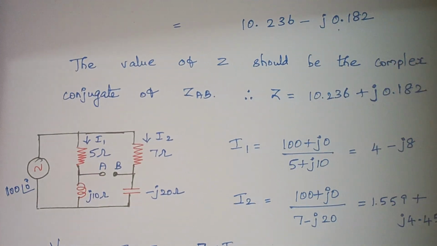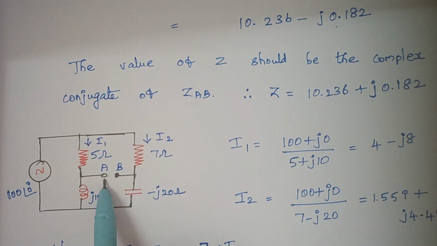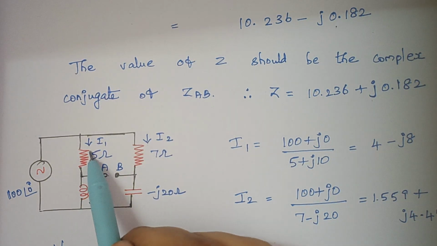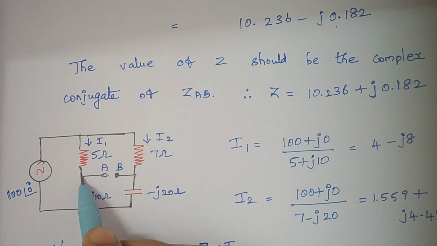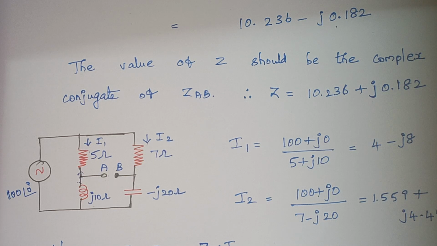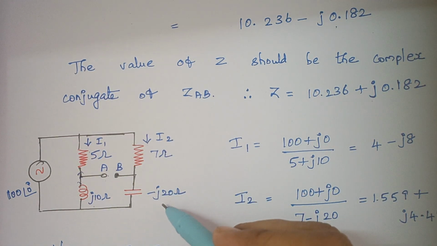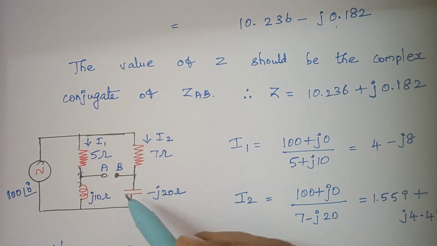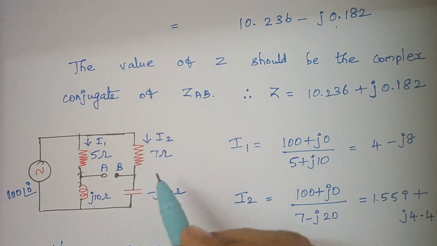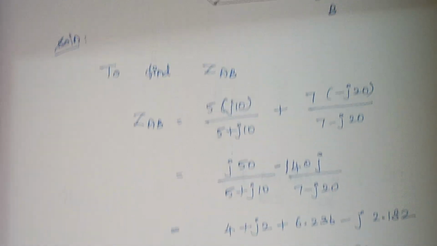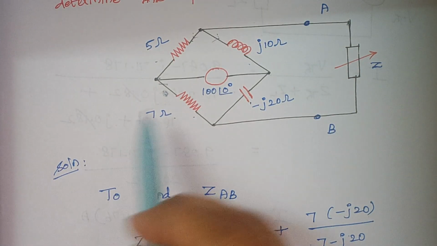You see here this is our terminal A, and to this terminal A, 5 ohm and J10 ohm are parallelly connected, because at this node the current will divide, right? Similarly, to this B, we will be having the 7 ohm and minus J20, and they will again be parallelly connected, right? And to this combination, you see the voltage, right?